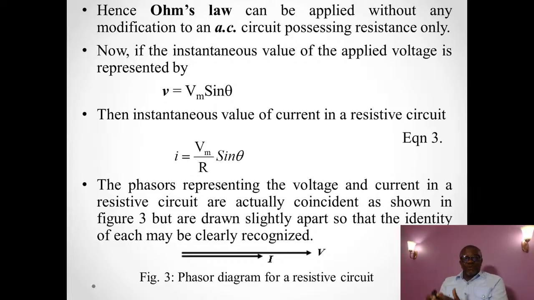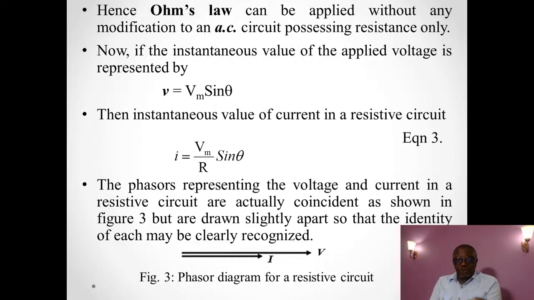Now, say that the phasors representing the voltage and current in a resistive circuit are actually coincident, as shown in fig 3, but are drawn slightly apart so that the identity of each may be clearly recognized. So if you look at that fig 3, you see 2 lines. The longer one is the V, and the shorter one is the I. We are saying that the two is supposed to be the same line, because we say that they are in phase.